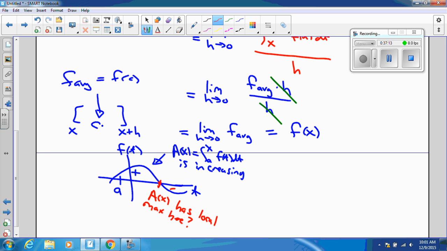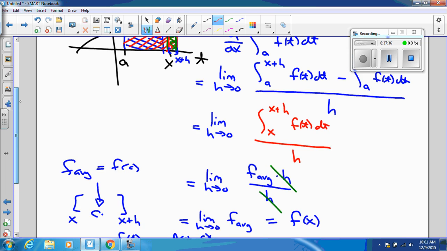In the picture, because I stop accumulating positive area and start accumulating negative area. In the analysis, because A prime equals f of x changes signs from plus to minus. Isn't that beautiful? Maybe you think it's boring. You guys all saw it coming.